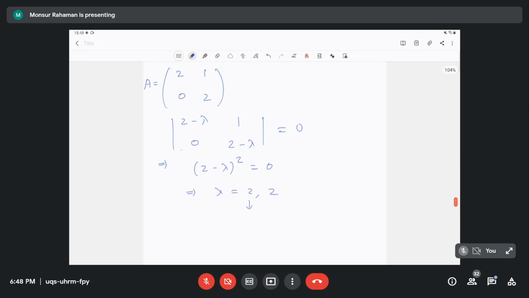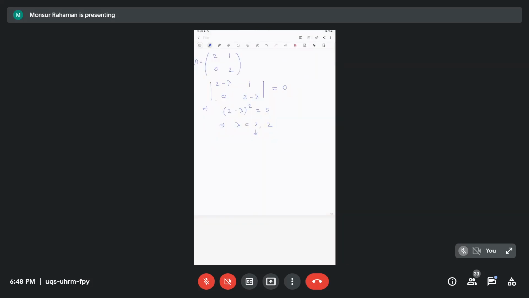So let's find. What to do? (A minus 2I)v equals 0. So A minus 2 on the diagonal gives 0 1 0 0, and v is, obviously, you have to consider v also.